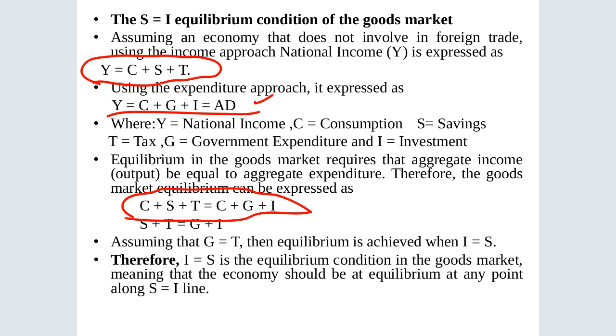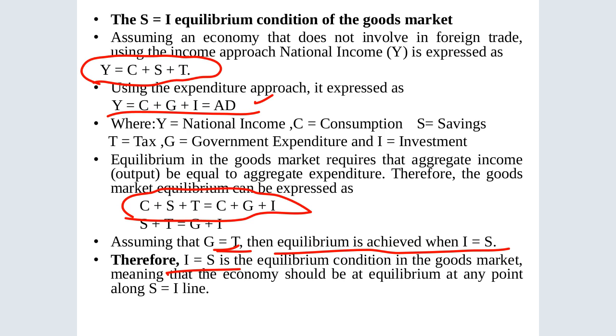Now, assuming that the government expenditure is equal to the taxes, because the government consumes what it collects in the form of taxes, if we assume that G is equal to T, then equilibrium in the goods market is achieved when investment is equal to savings.